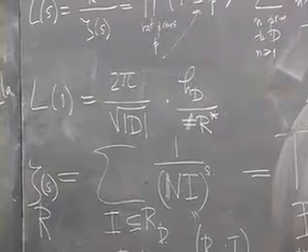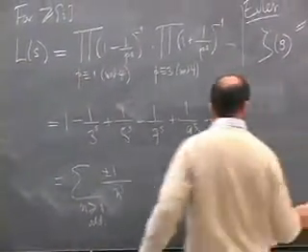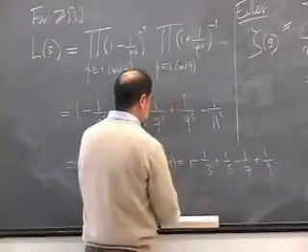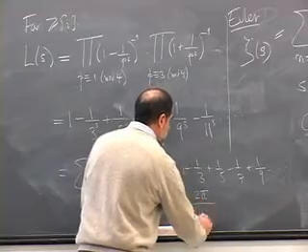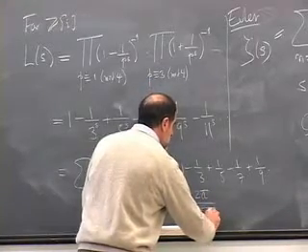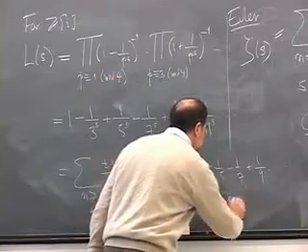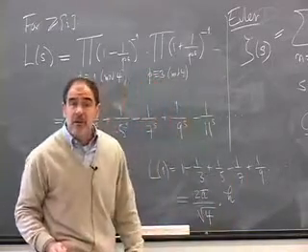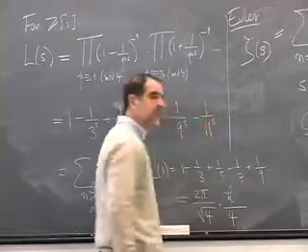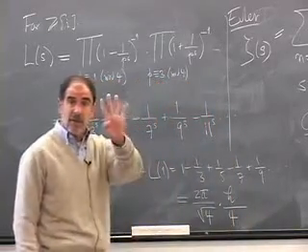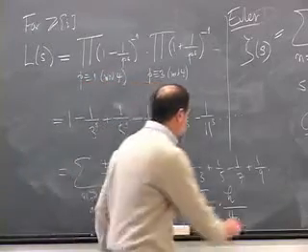It says that whatever this sum is, it's equal to 2 pi over the square root of the discriminant. That's the square root of 4, right? Because the discriminant is minus 4. Times the class number of the Gaussian integers, which we assume we don't know yet, divided by the number of units, which is 4. Correct? 4 units in the Gaussian integers. And so you get pi over 4 times h.